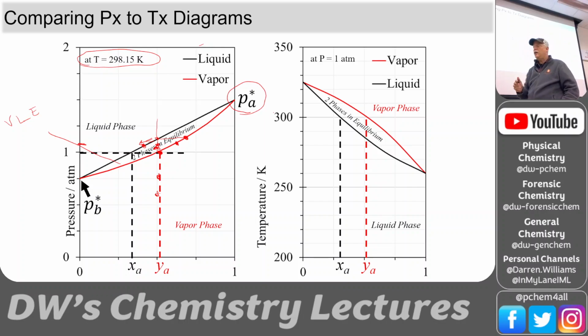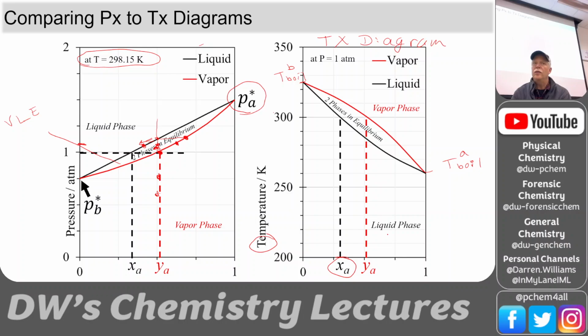Now, if we look at the temperature axis versus composition, we're dealing with a TX phase diagram. And now instead of pure vapor pressures, we have boiling points. So this is T boil for substance B, and this one is T boil for substance A. Does that make sense?